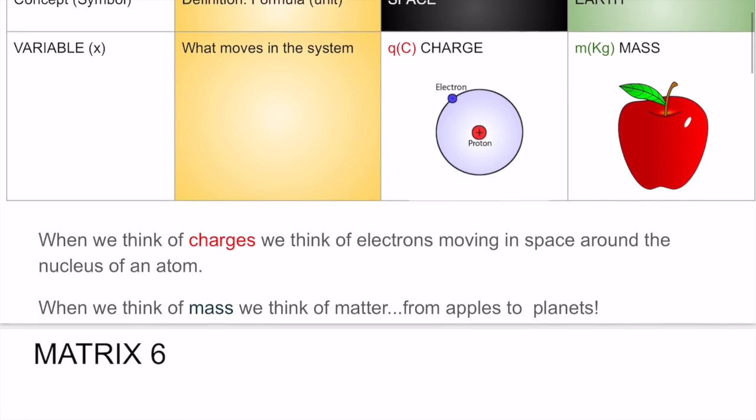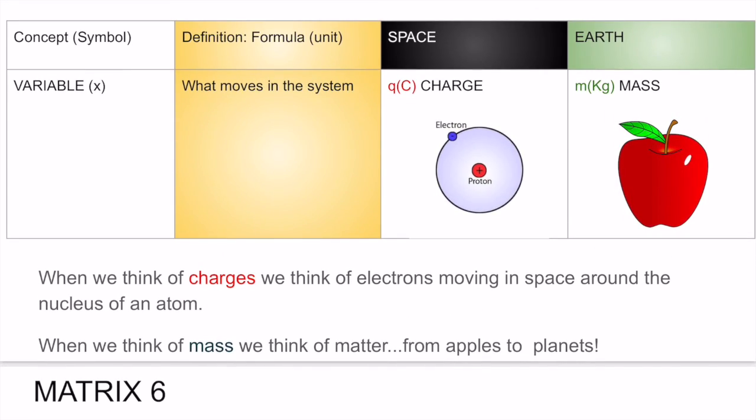So we'll go to the matrix. Something moves in a system, so here we're talking of a charge, and here we're talking of an apple, a mass. When we think of charges, we think of electrons.